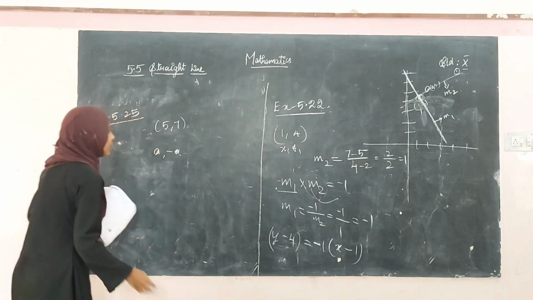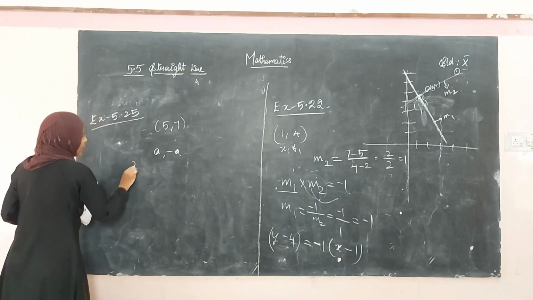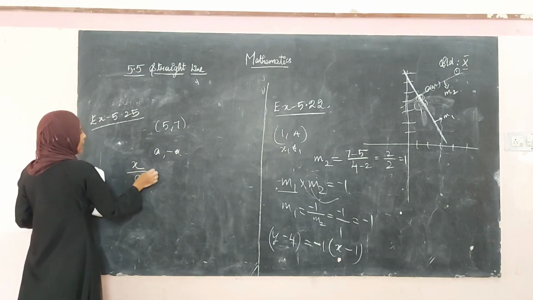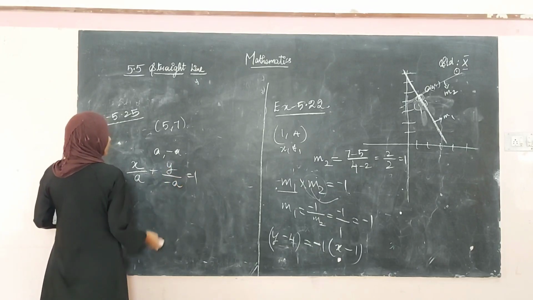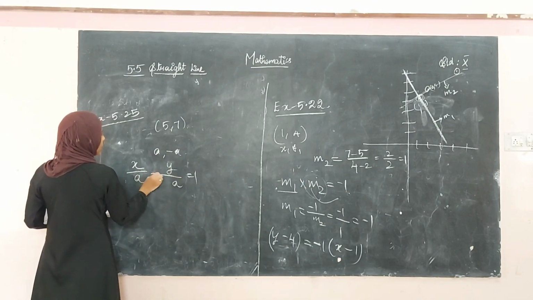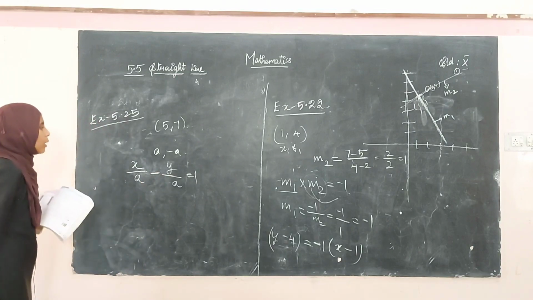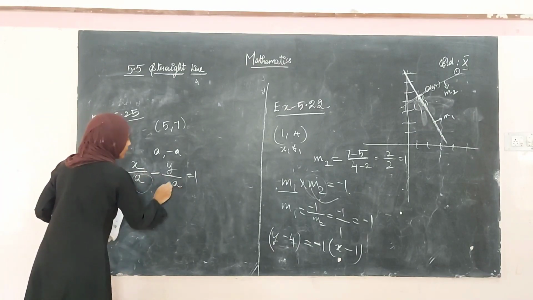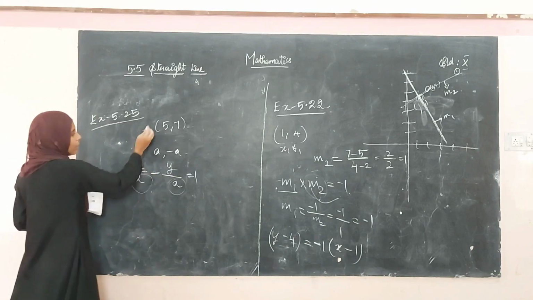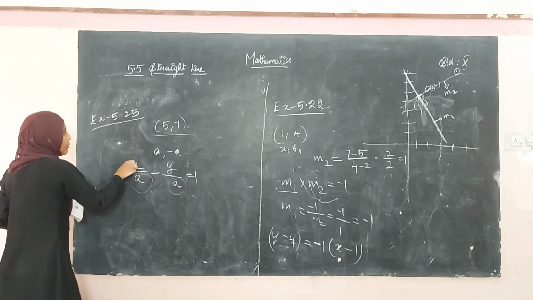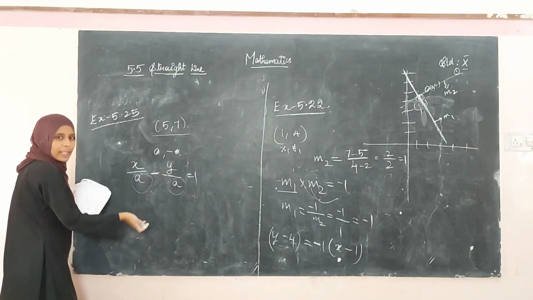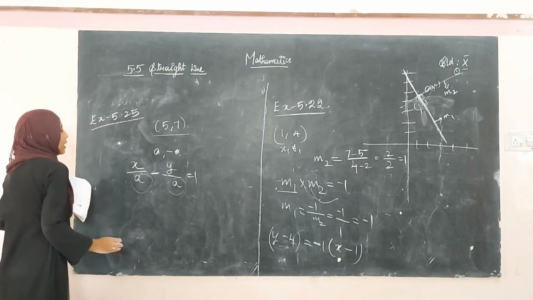Now shall we find the equation? What's the equation? The equation will be in the format of x divided by a plus y divided by minus a equal to 1. So when the minus and the plus multiply, here it will be minus. Now we want to find this value of a. For that, we know they have given a point in the question, right? So substituting in x comma y, you will be getting the value of a.